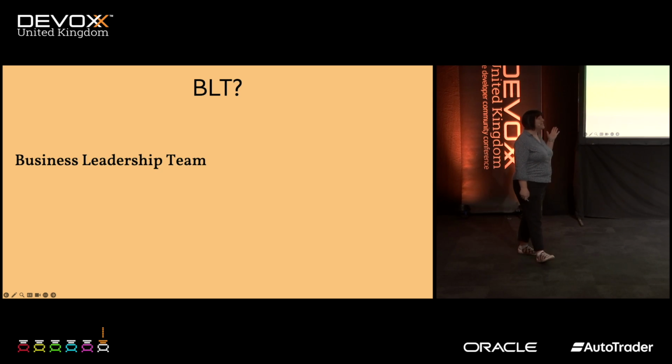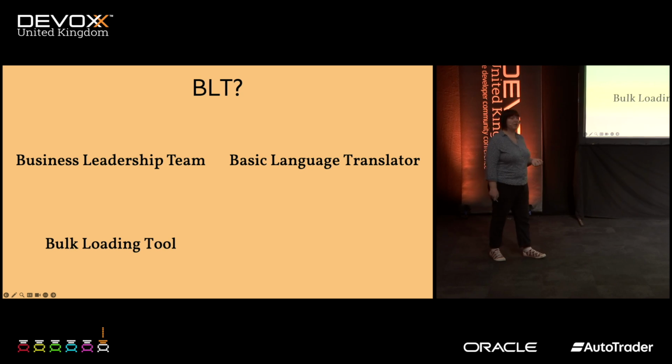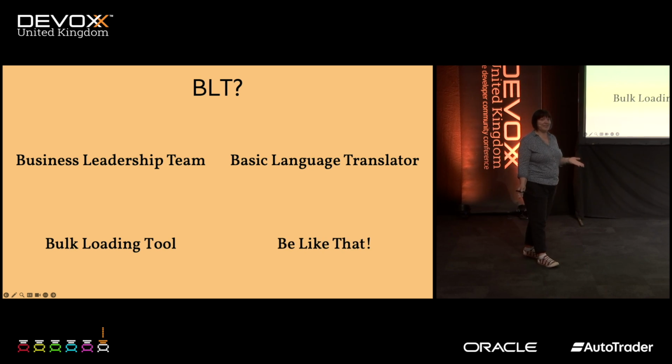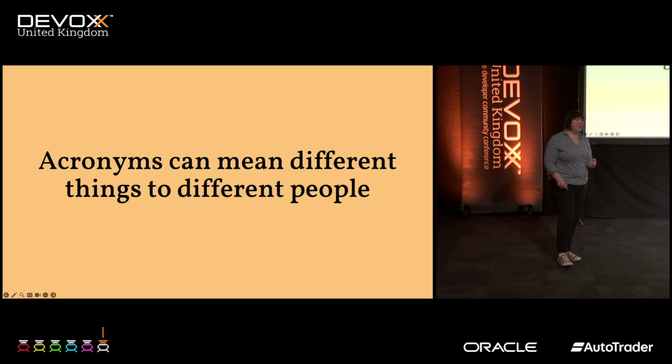Or is it business leadership team? Basic language translator? Bulk loading tool? Or is it just be like that? So you get my point. It can mean different things to different people. And I think this is something that a lot of people forget, that even if people are very similar to you, an acronym can mean something completely different.